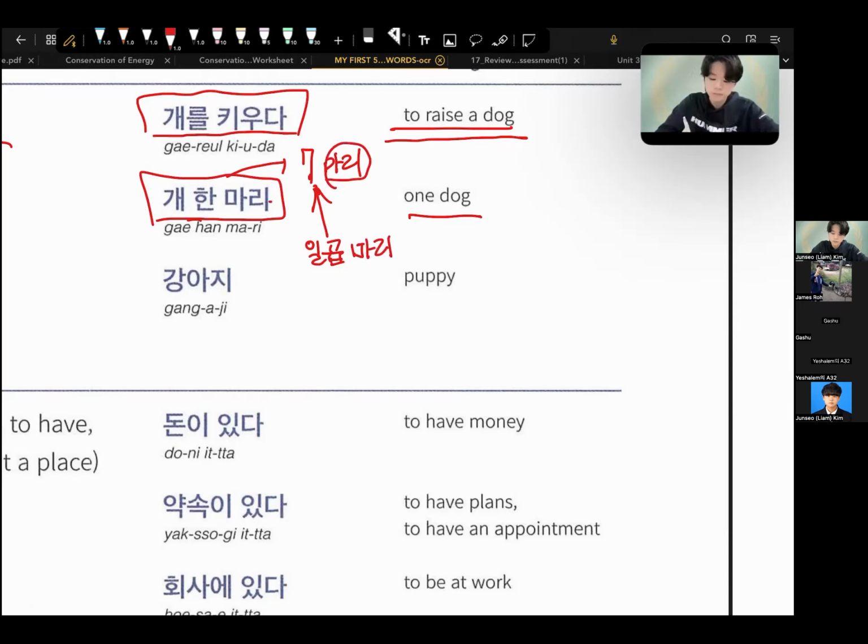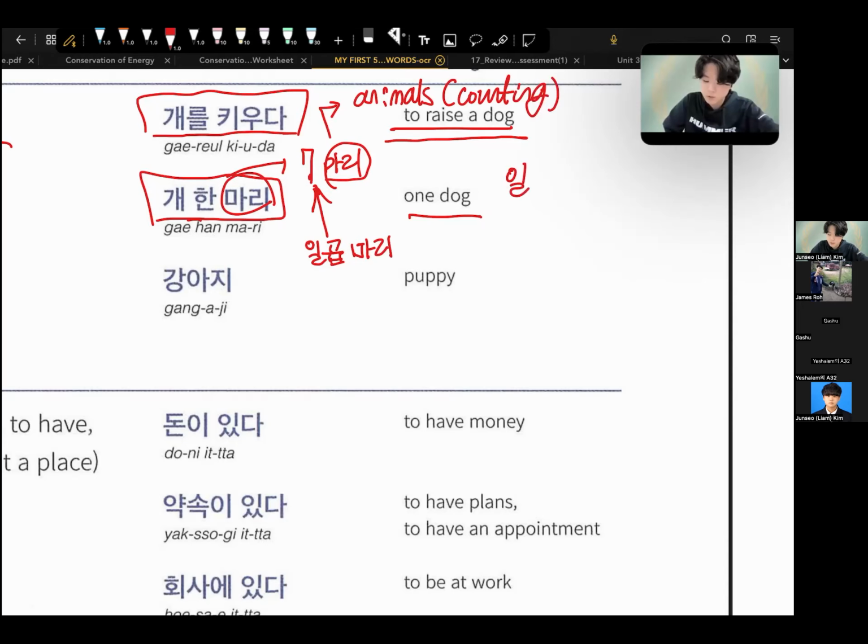마리 here. It's not 일곱 개 in this case. 마리 is a unit for counting animals. You said 일곱 개, right?